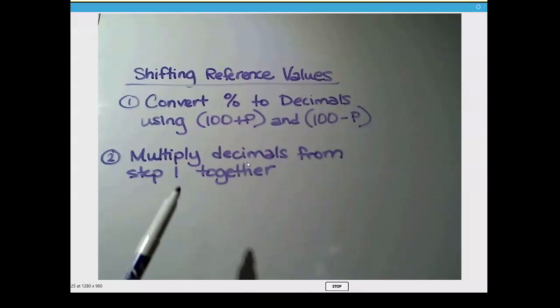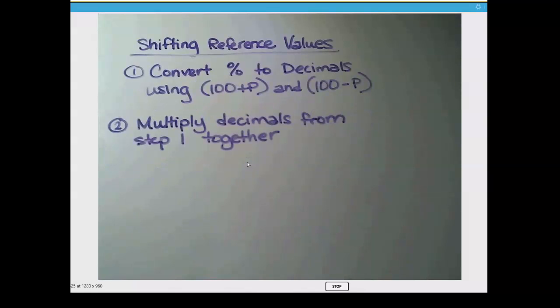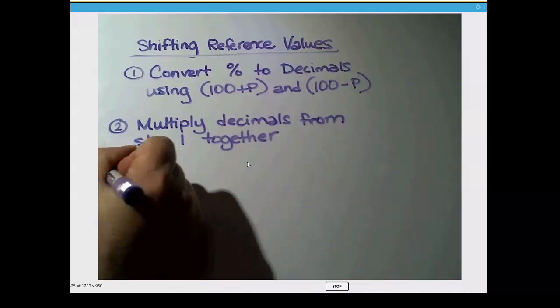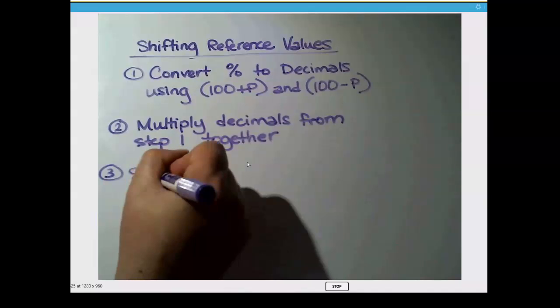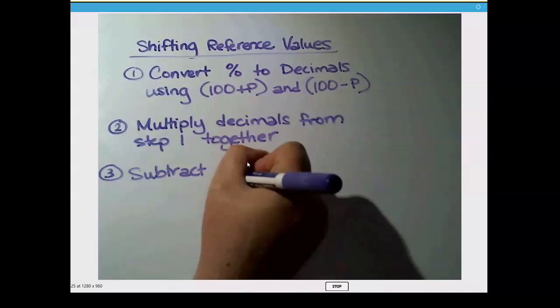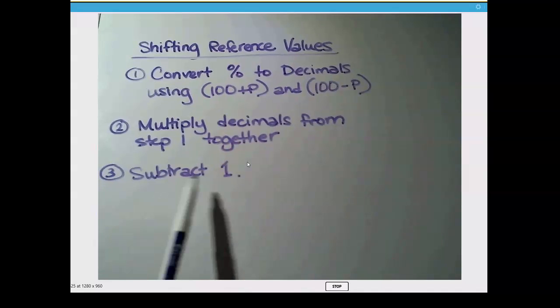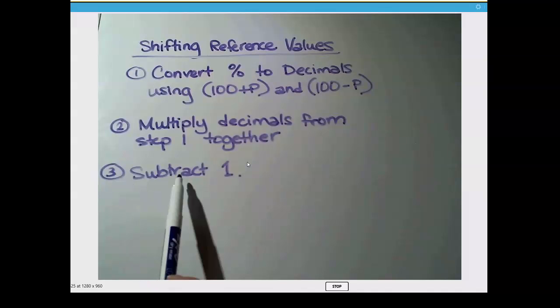That's going to give you an amount that something is actually changing by, from a comparison standpoint. Then we're going to subtract 1 from that to figure out what actually happened with the change. This will always be subtraction and it will always be 1. It doesn't matter if it's an increase or a decrease.